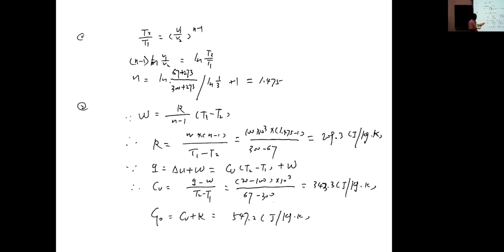Now if we get this equation, then we can calculate the Cv because we know the W, and we also know the Q, and the T2, T1 we know. Then we can use this equation to calculate the Cv, and then after that Cp. We know Cp is equal to Cv plus R, so we can get the Cp, okay?